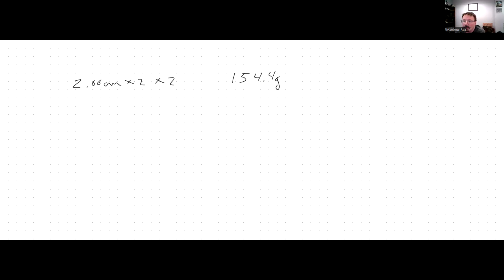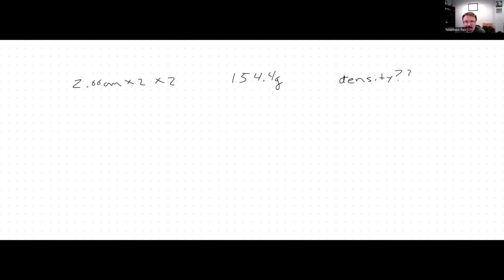Then we want to determine the identity. You have some densities listed on that last page there with some of your other constants. So what we really are looking for is the density of this metal.